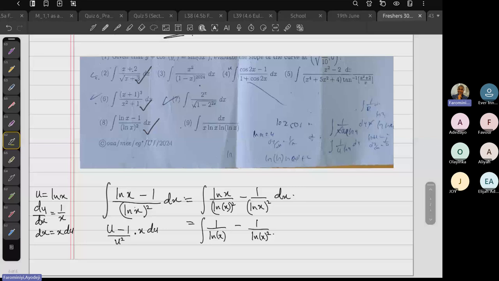It doesn't look like an elementary function. Hold on. So if we do that, will it work? Let me try another approach.